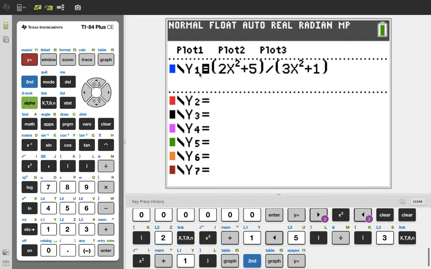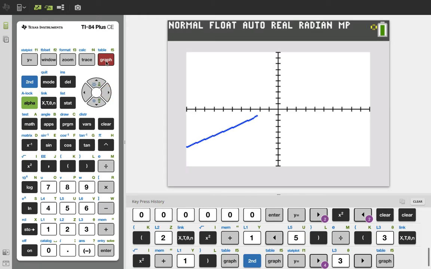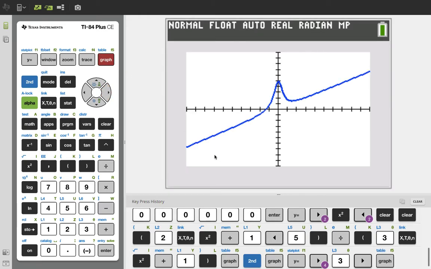And let's try the third equation. So the only difference between the second and the third one is that this exponent changes to a 3. And then let's go to my graph. Okay. So again, we still have the same bubble in the middle of the graph here, but now it doesn't look like my graph is approaching any single number in either direction.